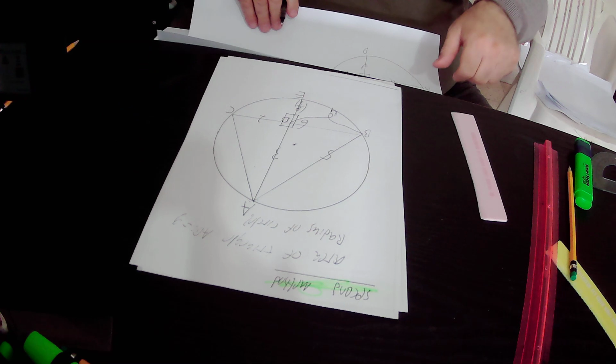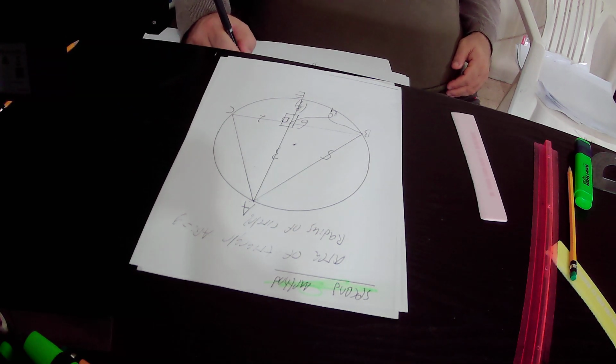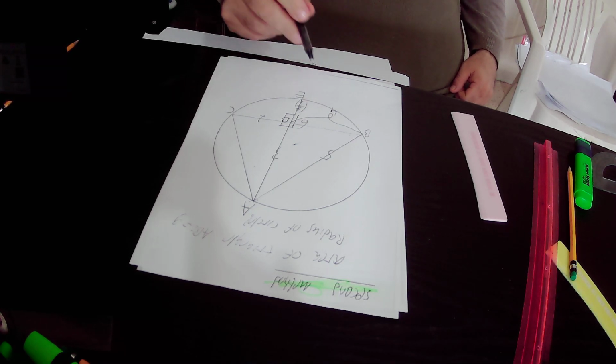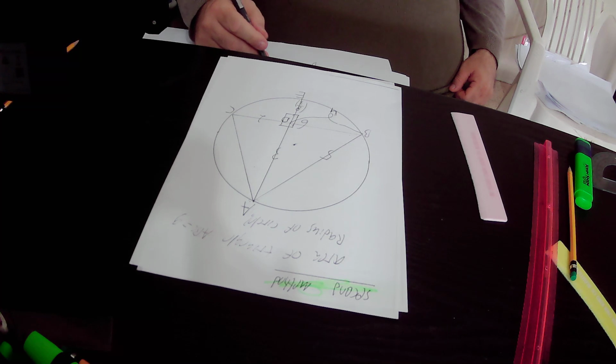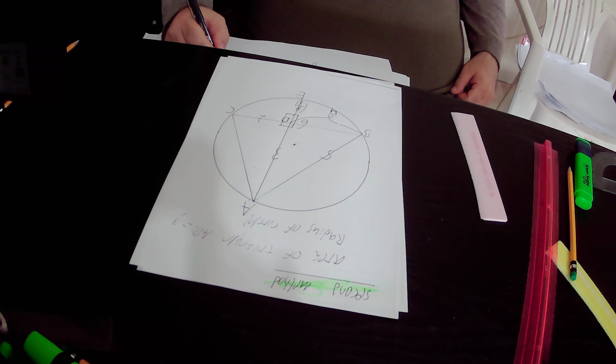So here 4R squared equals BD squared. BD equals 4, so BD squared is 4 squared, that is 16, plus DC squared. DC equals 2 units, therefore DC squared is 2 squared, that is 4, plus AD squared.